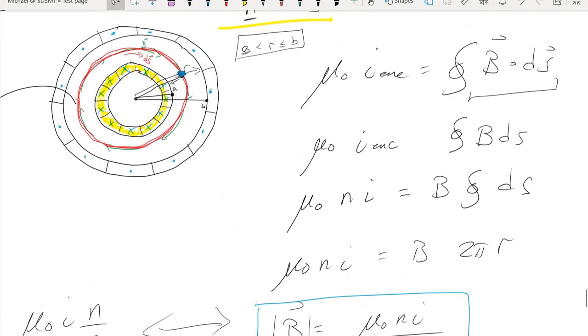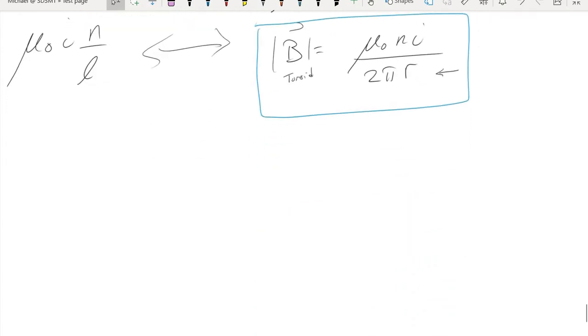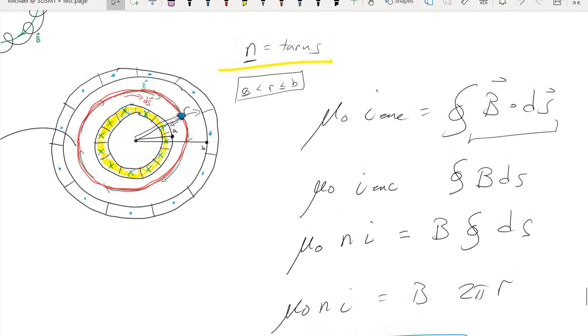Can you go outside of the toroid and measure a magnetic field? Well, let's see. Let's clean this up a little bit, if I can. So here's our toroid.